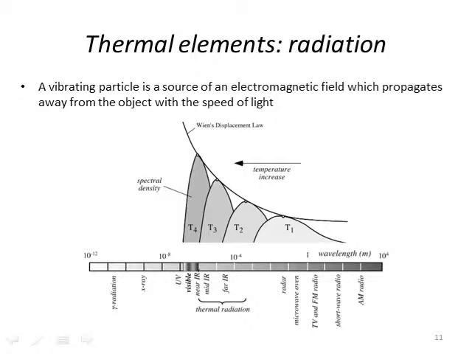Dipole radiation. We're going to get radiation from these vibrating particles. And in this case, due to temperature, the wavelengths are very much in the infrared, very much above 1 micron. Even at room temperature, the radiation is in the area of 10 micron wavelengths.